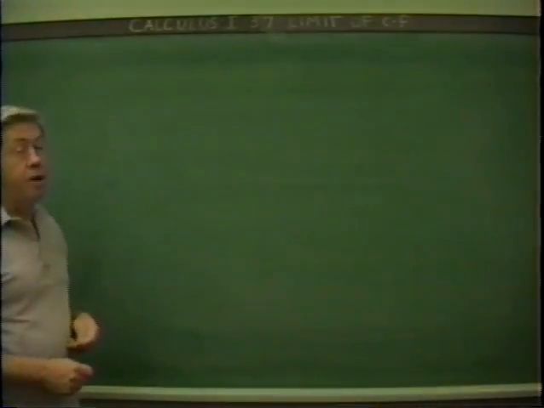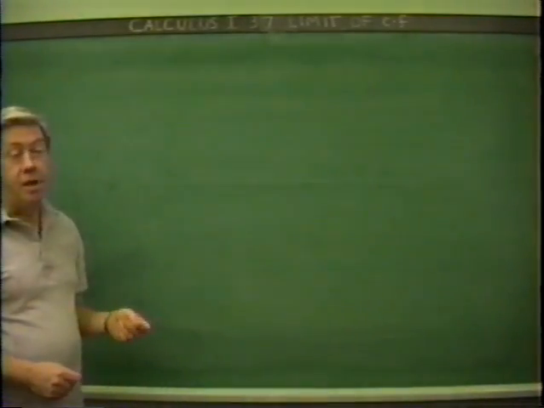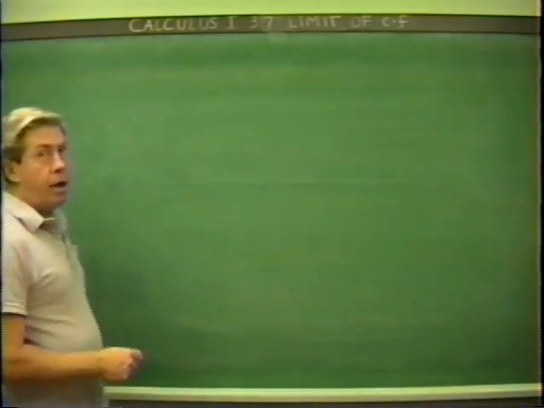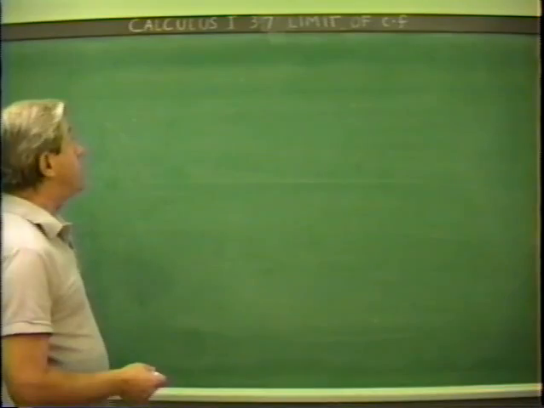The limit of a constant times a function is the constant times the limit of the function. So the limit of b times x squared is b times the limit of x squared, and the limit of x to the n as x approaches a is a to the n.